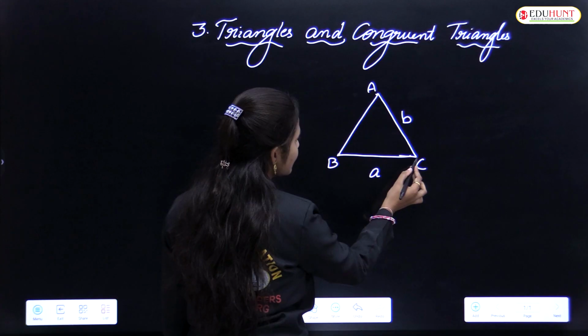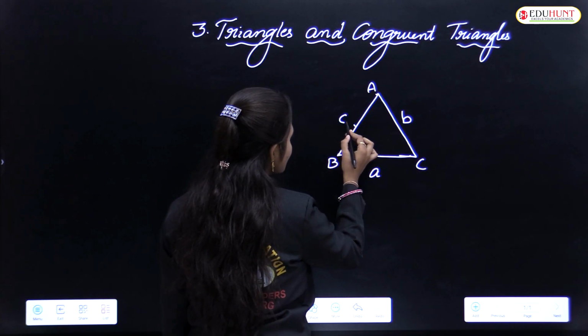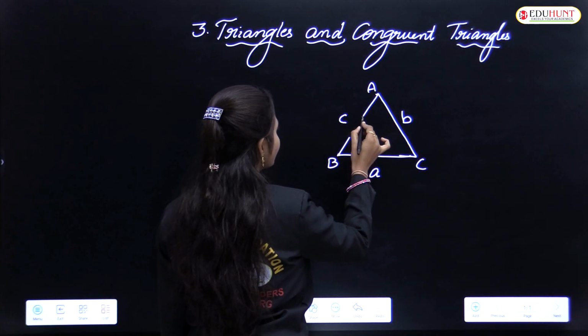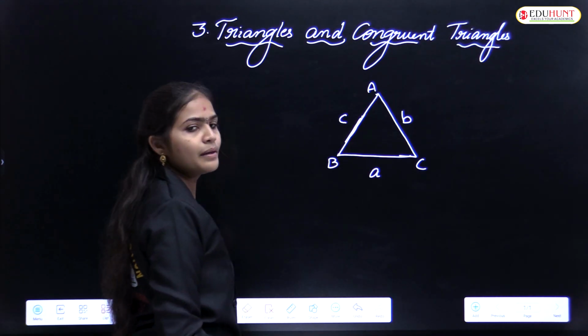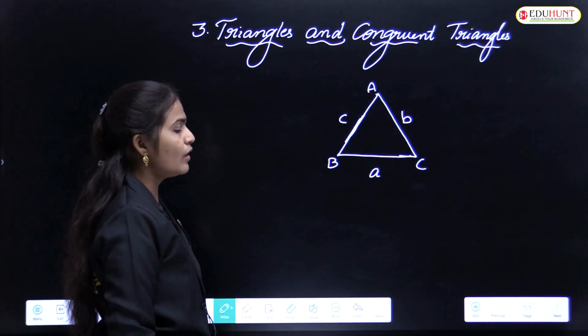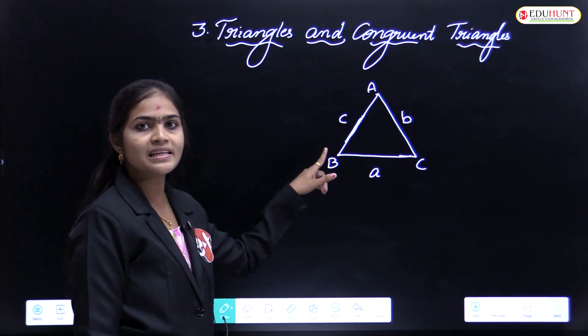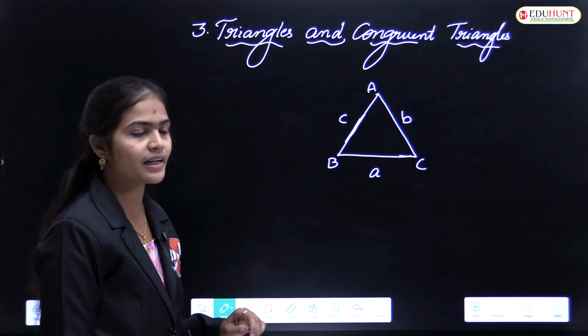Here the side opposite to capital C is represented with a small c. So a, b, c are the sides of a triangle.